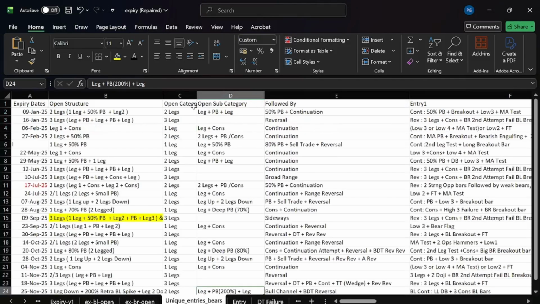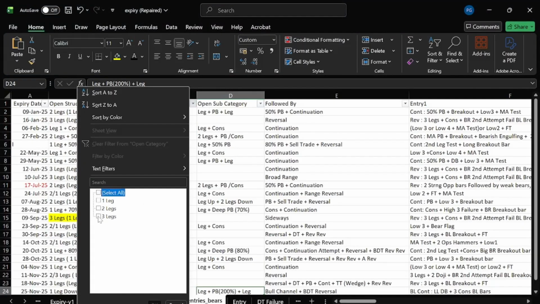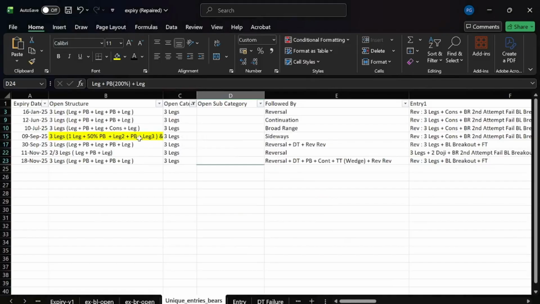So we had 3 categories in 2 legs. Now let's go to the third category, 3 legs. 3 legs already made by 1050. So when there are 3 legs, what do we expect? We expect the reversal. But in some cases there are no subcategories in this, but whenever the reversal failed twice, according to our rules, we can expect the continuation.